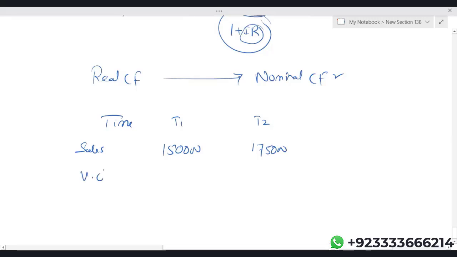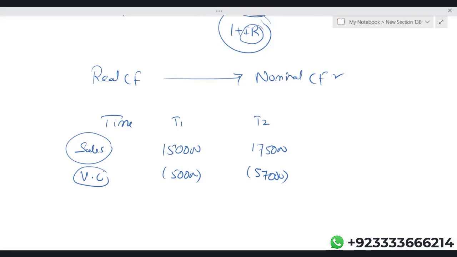Assuming the inflation rate relating to the sales was 10%, the variable cost is 57,000, and we have included inflation in the variable cost also, assuming 5%.